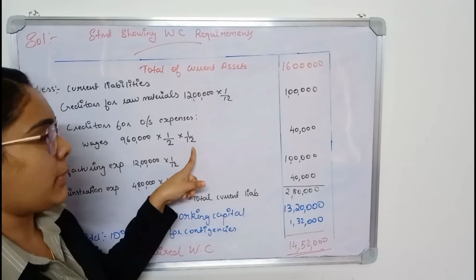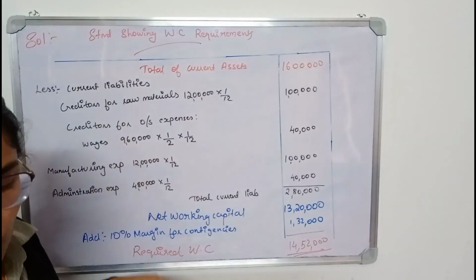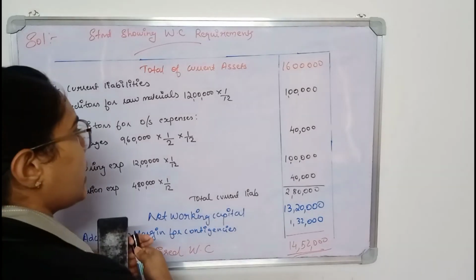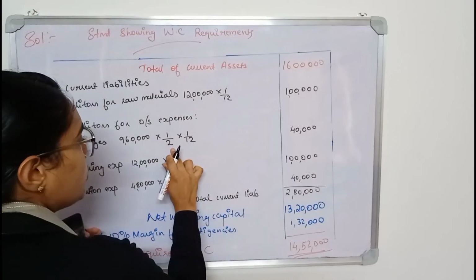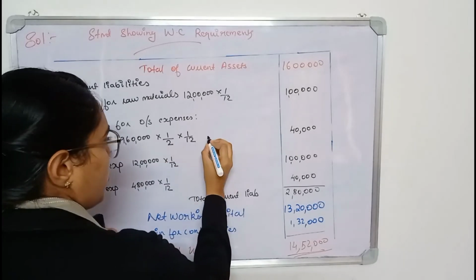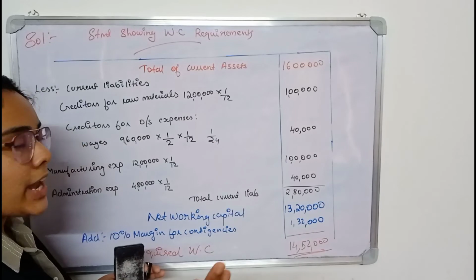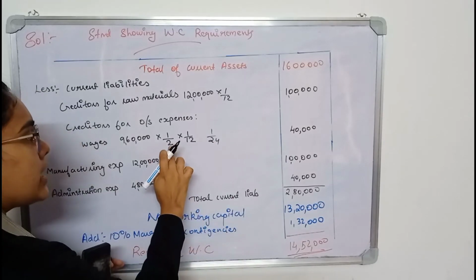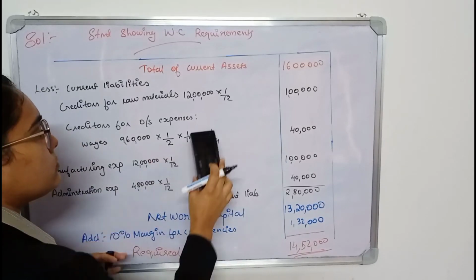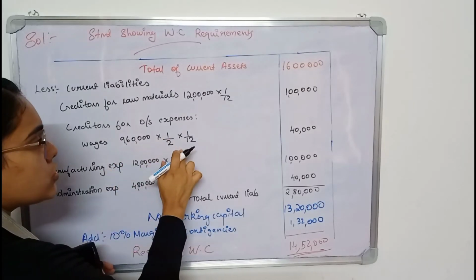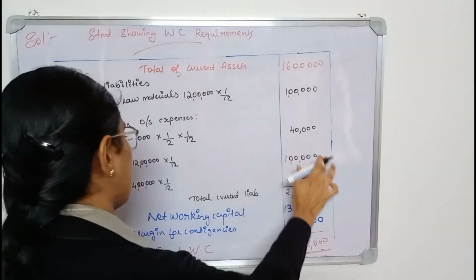Or else you can also straight away write it as 1 by 24, that is 12 into 2 is 24, right? To avoid confusion, I have just split that. So when you take 9,60,000 into half into 1 by 12, you will get 40,000 rupees.